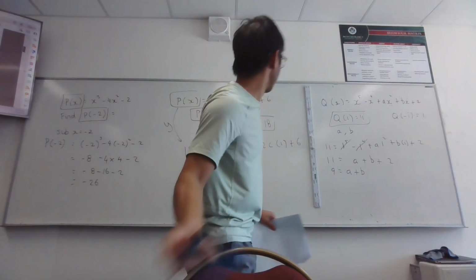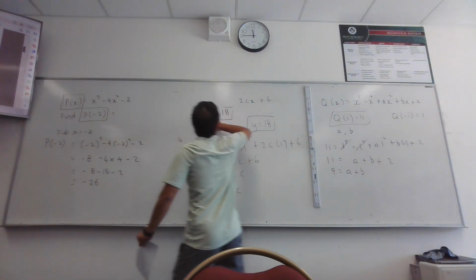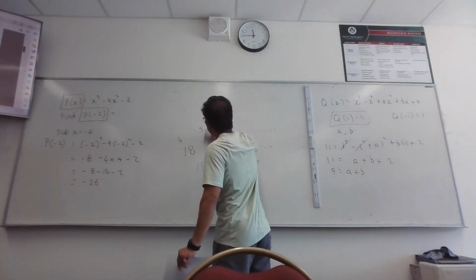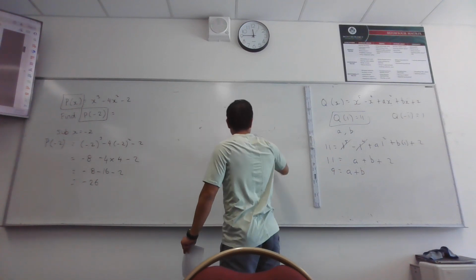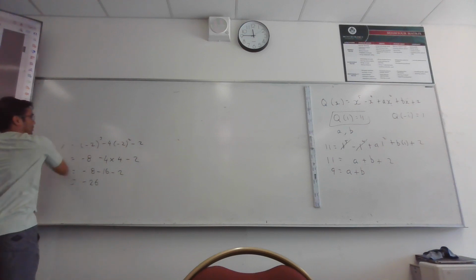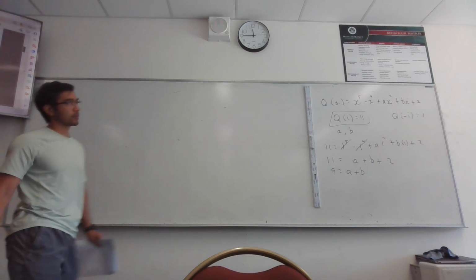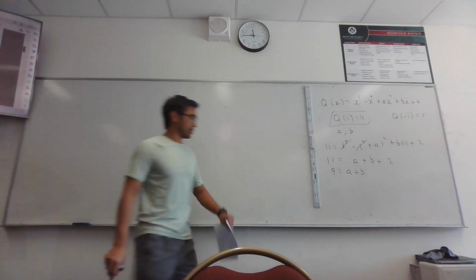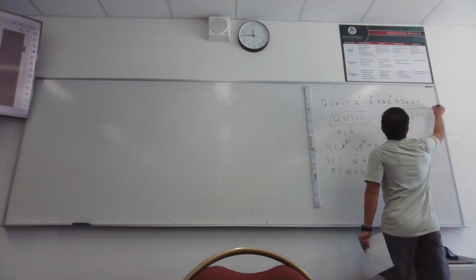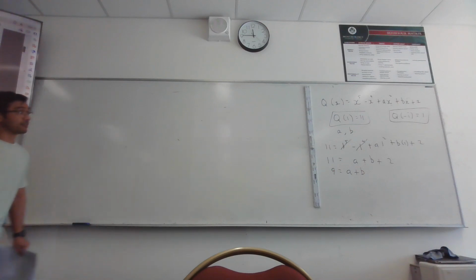And if I create more space here, how do I use the second piece of information with the equation?